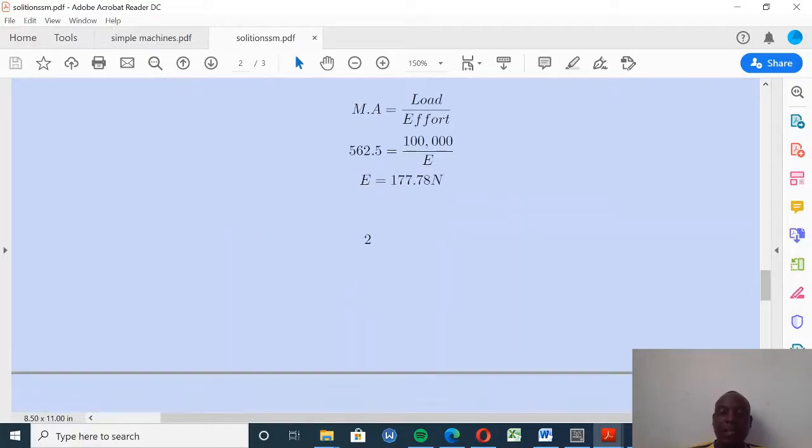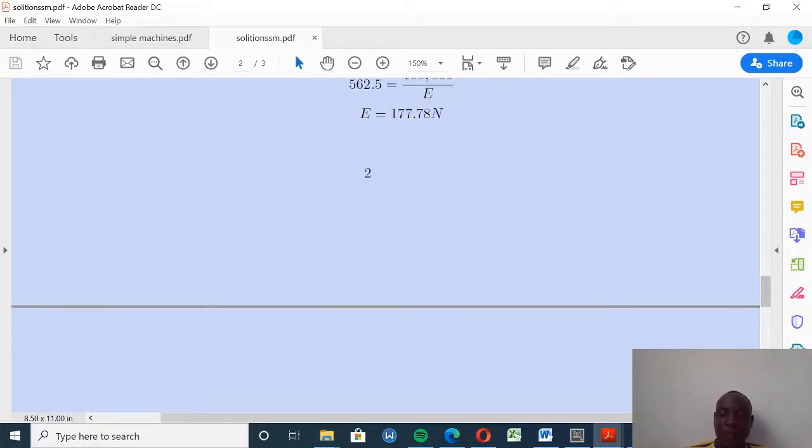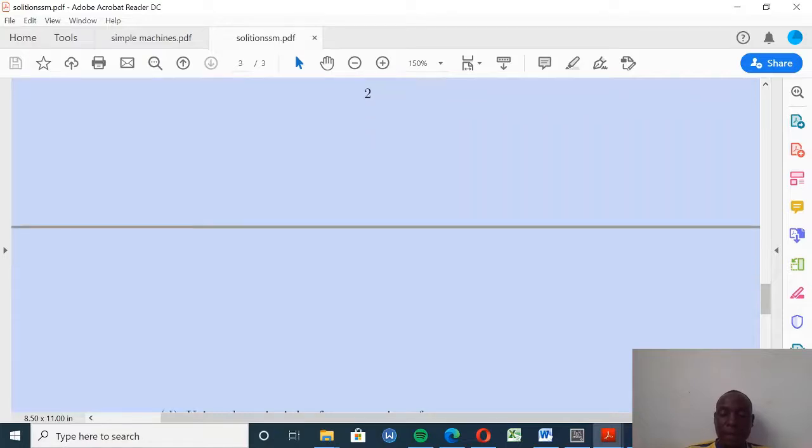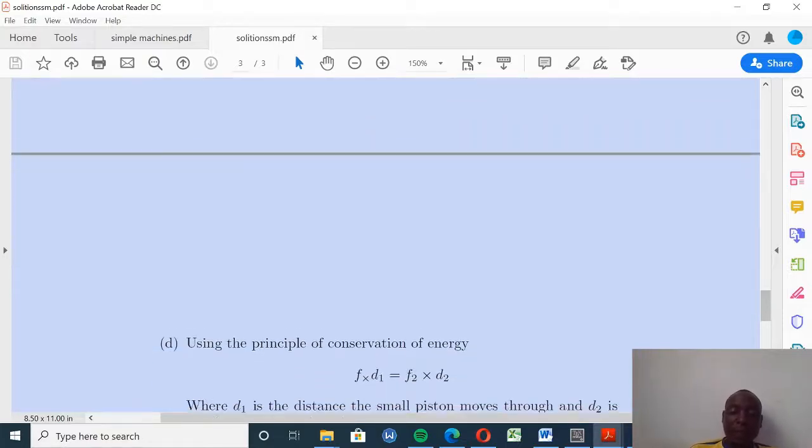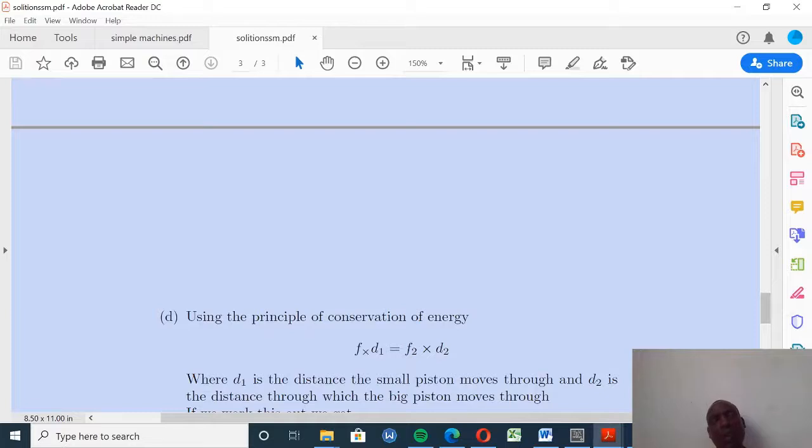Then lastly, part D. We are told to get the distance through which the load piston moves, if the effort piston moves through a distance of 1 meter.